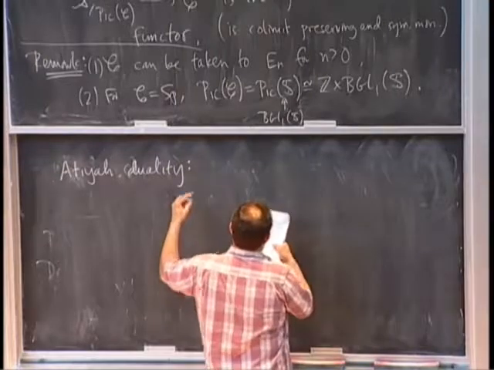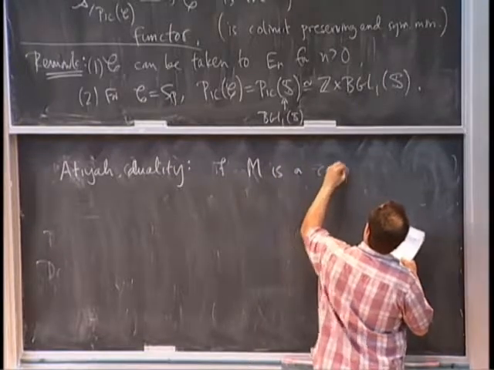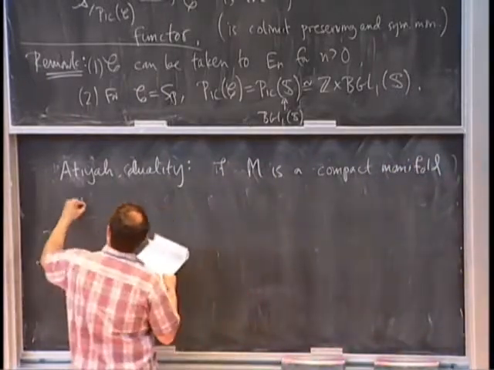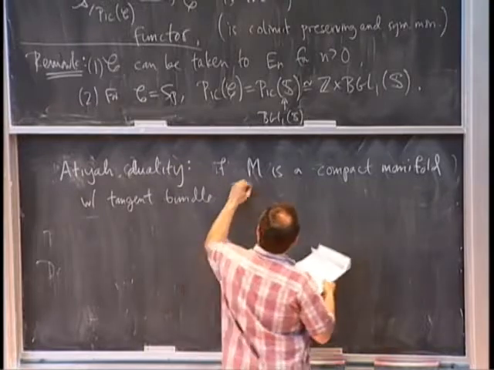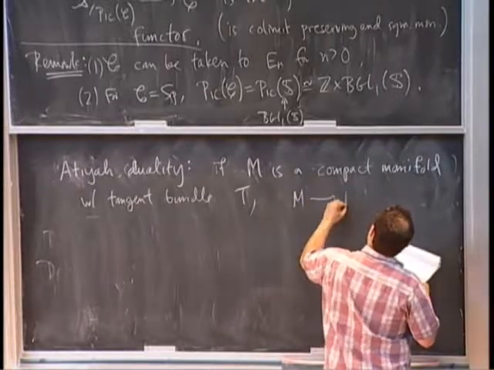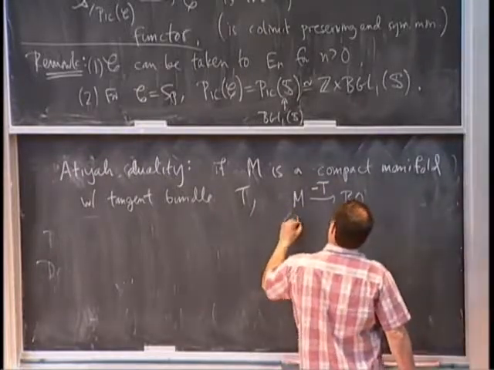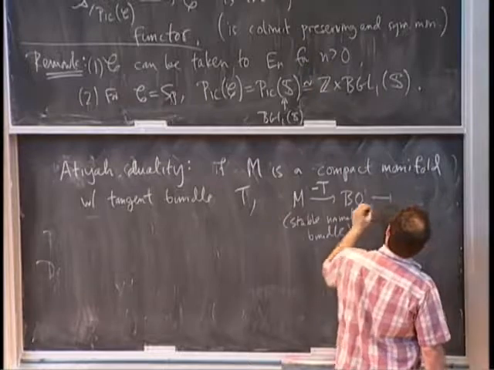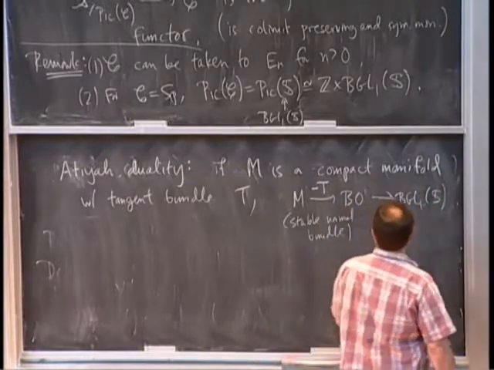So if M is a compact manifold with tangent bundle T, then I can construct this map M to BO, which I'll call minus T, the stable normal bundle, which maps into BGL1 of S, and hence to Pic S.